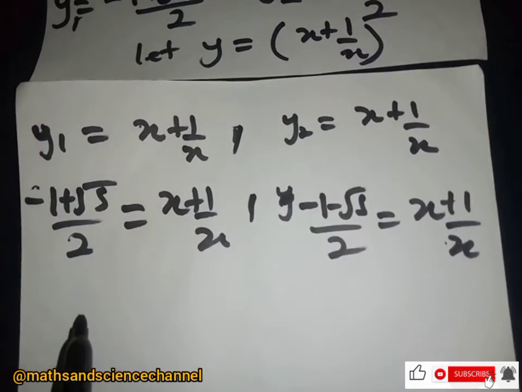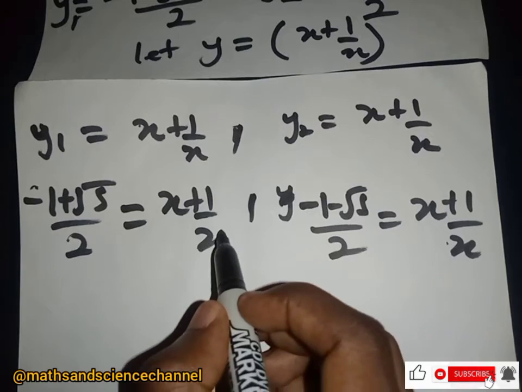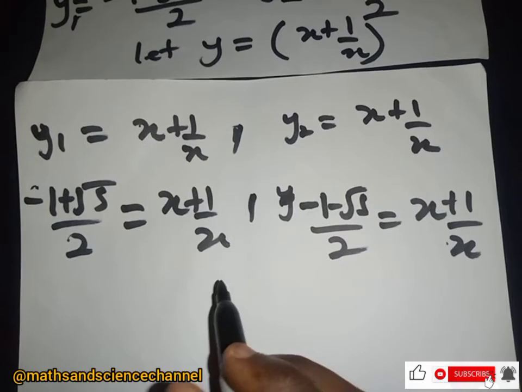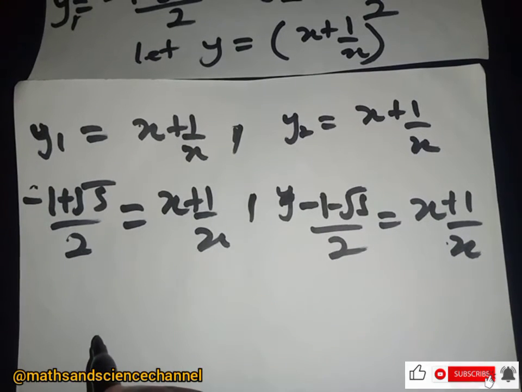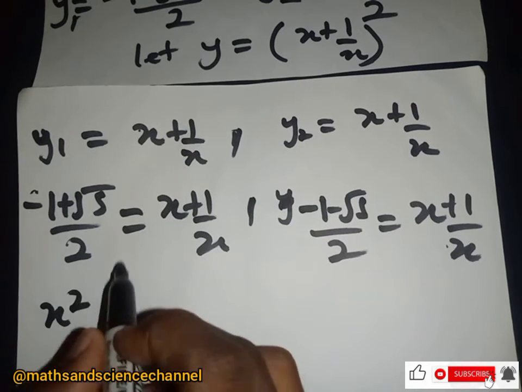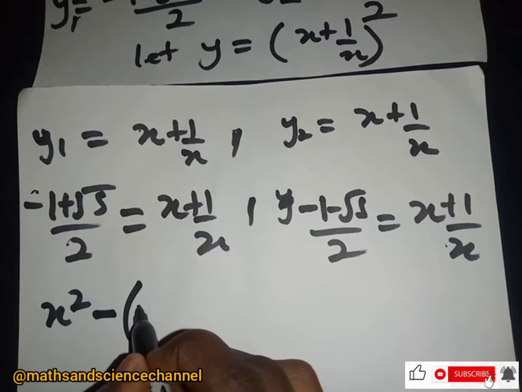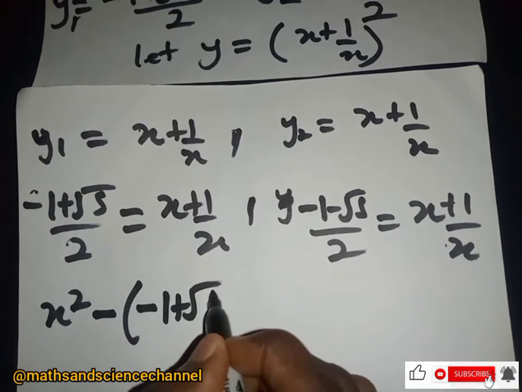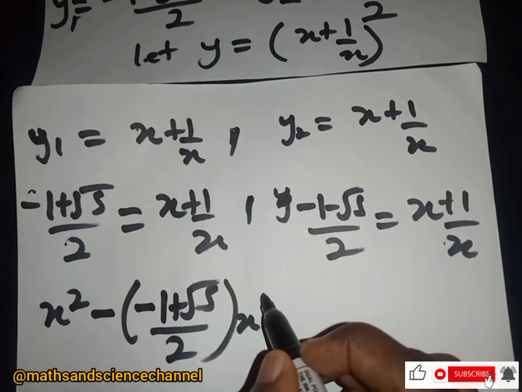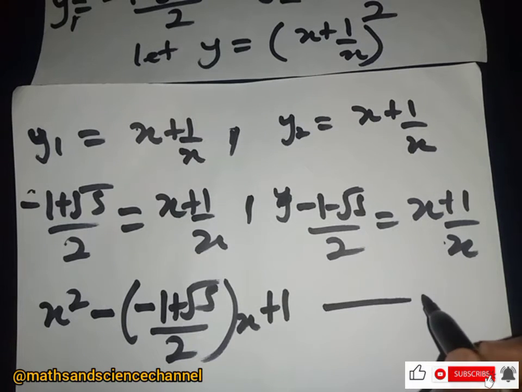So what we are going to do is just to simplify this. Simplifying that, we just multiply through by x, and then we group like terms. So simplifying and grouping like terms, we are just going to get something like x squared here, and this goes to the other side. We have negative into bracket 1 plus square root of 5 divided by 2, and this is with respect to x, and then we have plus 1, so that will be the first part.